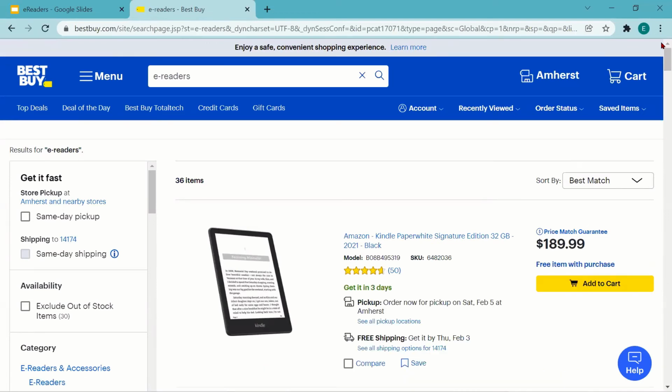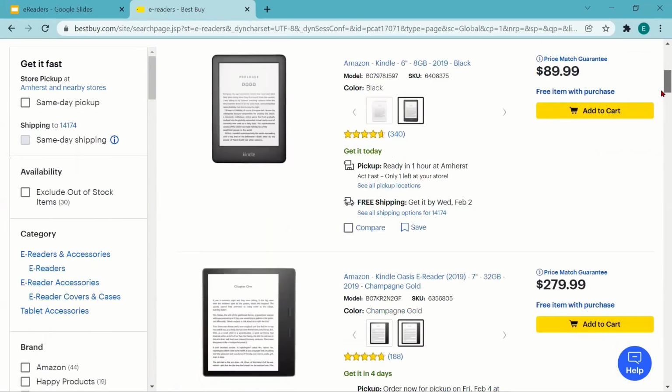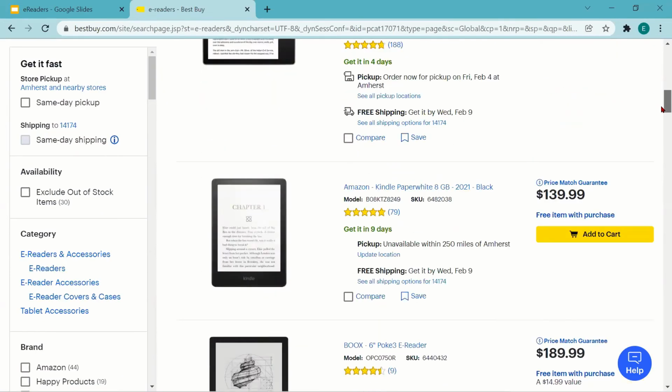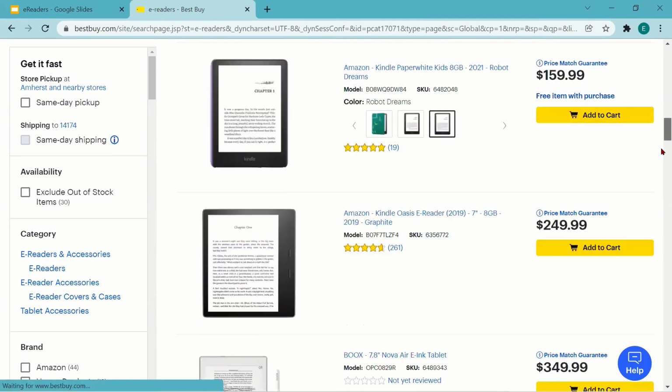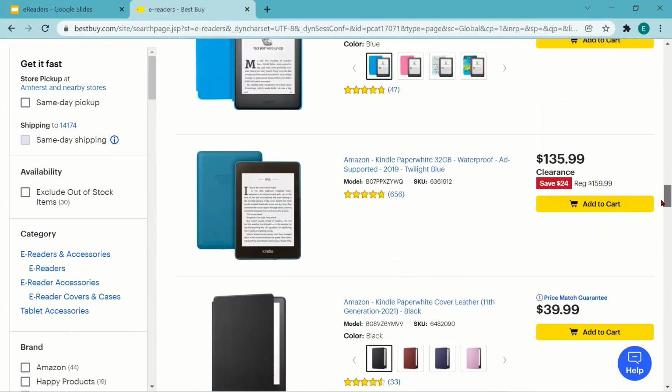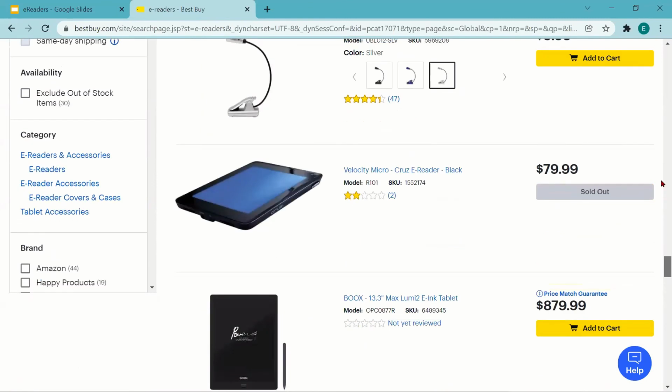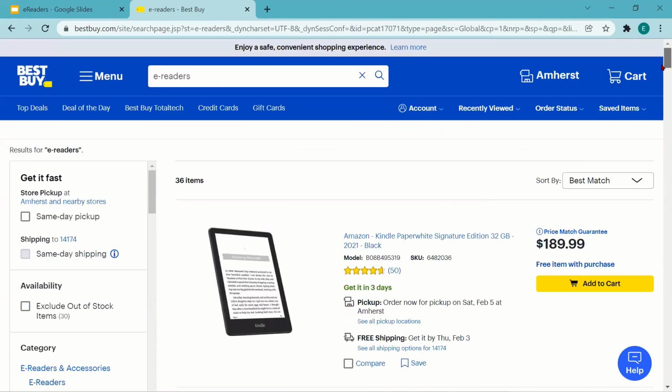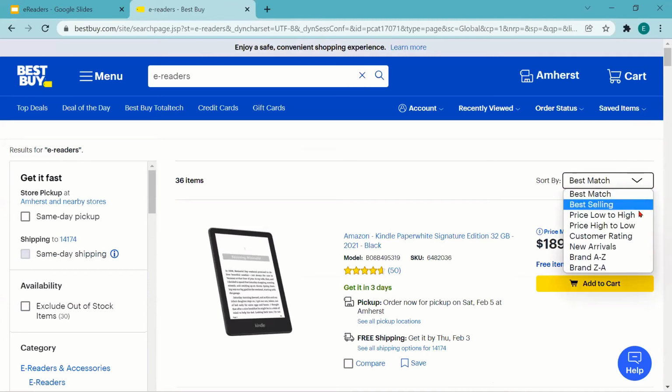There's Amazon's Kindle Paperwhite, the Kindle Oasis, and a lot of others that were mentioned in the presentation. You can sort the prices by best match, best selling, price low to high, price high to low, customer rating, new arrivals, brand A to Z, and brand Z to A.